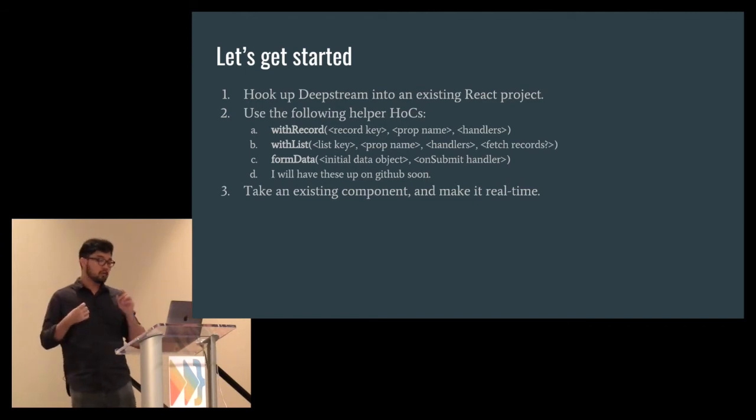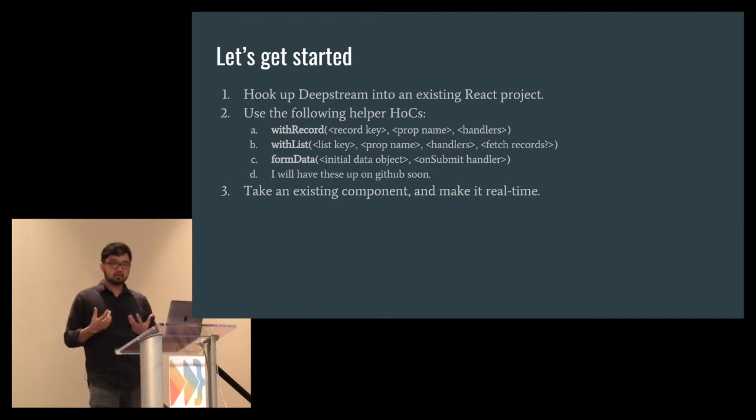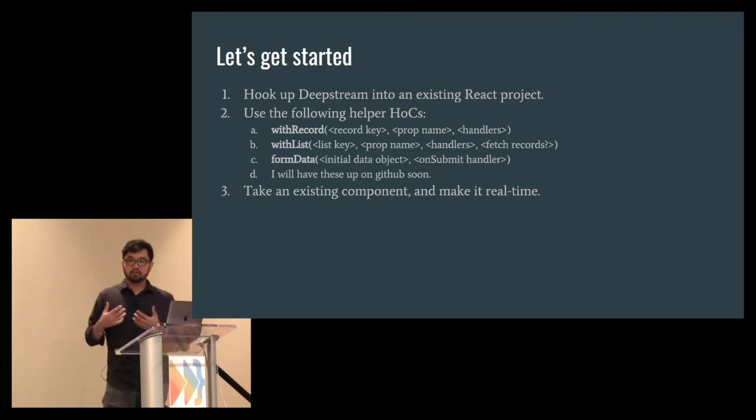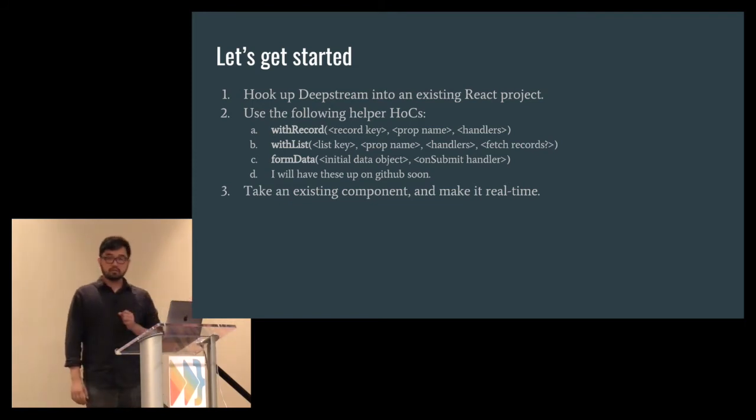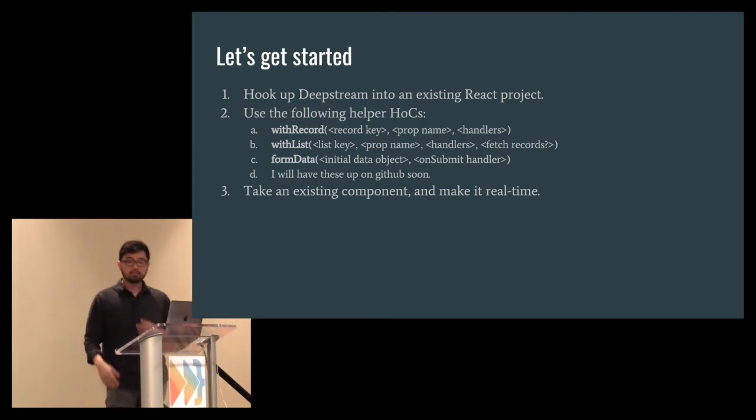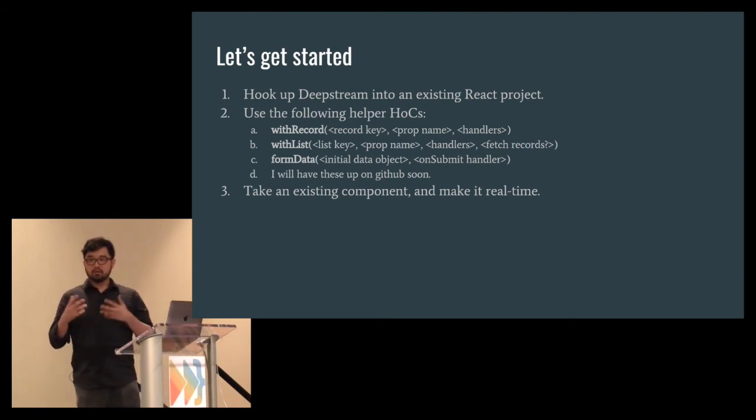Because the list itself does not have any data. It just holds an array of record keys. So in order for us to get the data inside of the list, we have to individually call fetch on each individual record. And the form data I mentioned to you before, it's just a helper to bootstrap how we handle the forms.